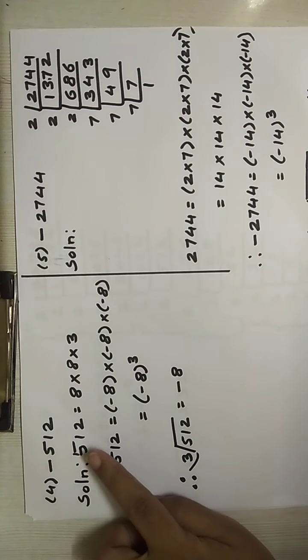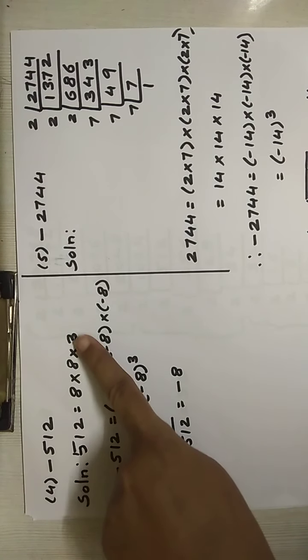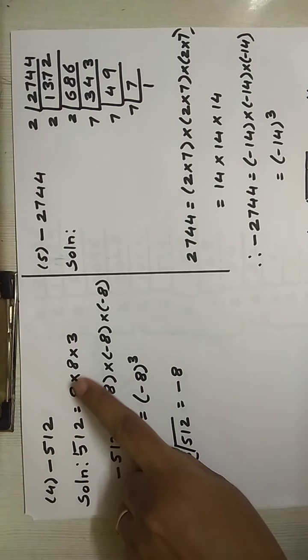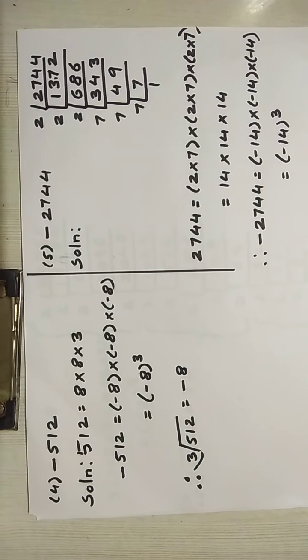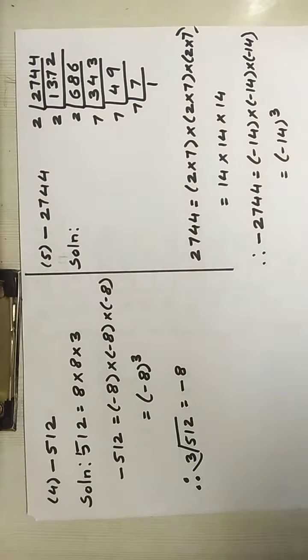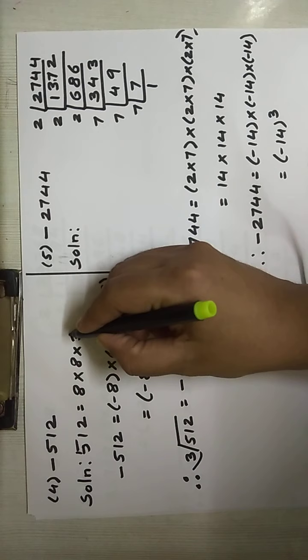Minus 512. 512 is 8 into 8 into 8. Sorry, this is a writing mistake. Okay, it is 8 into 8 into 8.